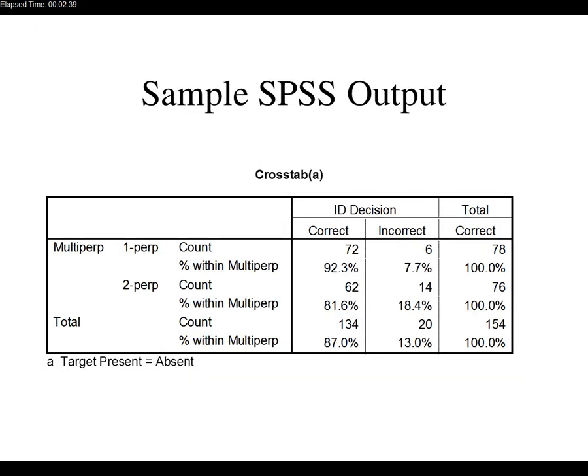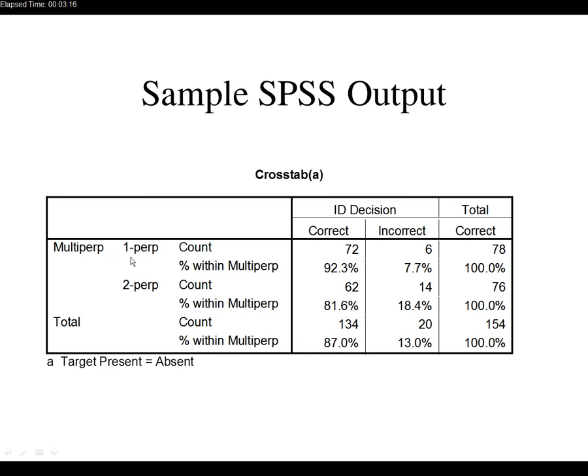This is sample SPSS output, and some people said, gee, what percentages do we use? And this is actually from a piece of research that I was doing just recently, and it's for a photo lineup with 8 photos in it, and whether people made correct or incorrect decisions in identifying a perpetrator when multiple perpetrators were present at the crime.